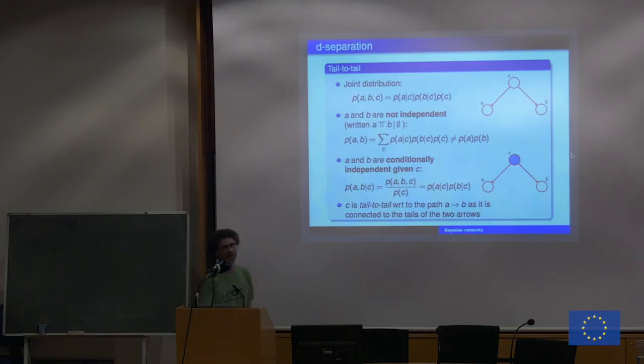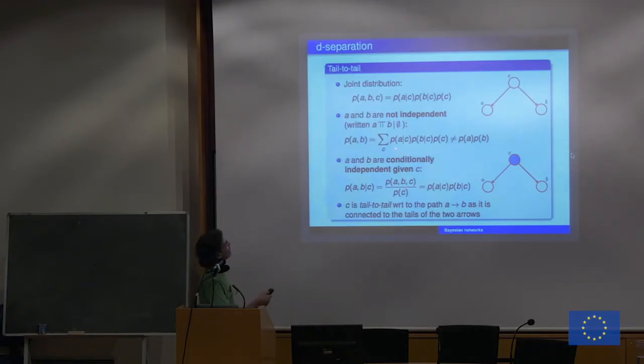Now, if C is observed, then you are interested in the probability of A and B given C, okay? This is obtained from the joint probability just by dividing by P(C), because the product rule says that P(A,B,C) is P(A,B|C) times P(C). So if I take P(C) down, I get P(A,B|C) equal to this.